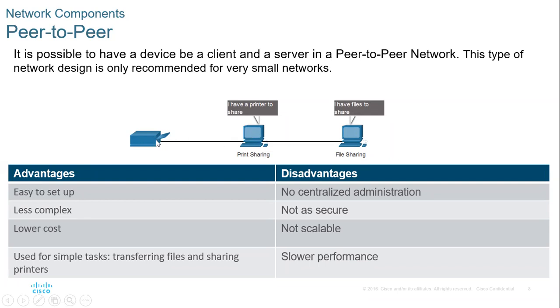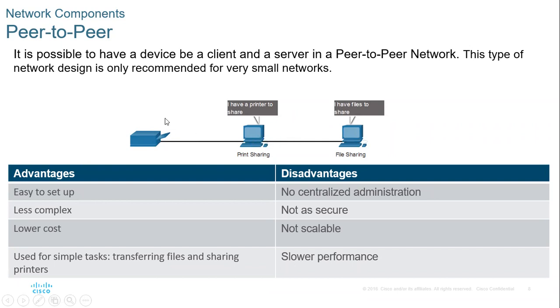We can make this printer shared in the network, so computer 2 can access this printer via computer 1. So computer 1 in this operation acts like a gateway, like a router. No switch here, only two dedicated computers can share their data and their printer.